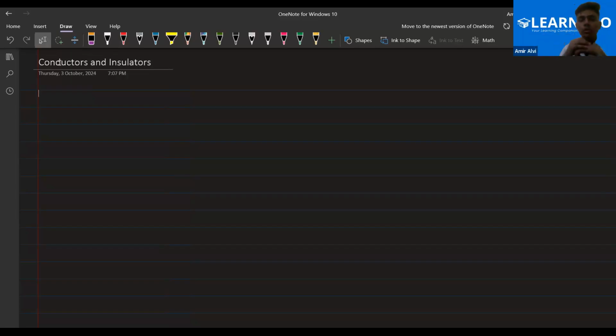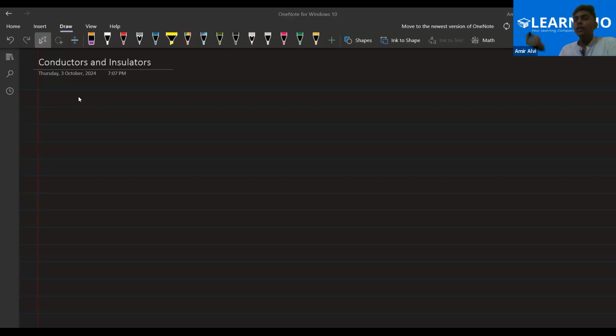So let's talk about the terms conductors and insulators. These are materials that we use for electricity as well as heat, but right now we are studying electricity, so we will discuss it in the context of electricity only. Conductors are those materials which allow electric charges to flow in the material. They allow electricity to flow without any resistance. Those are conductors.